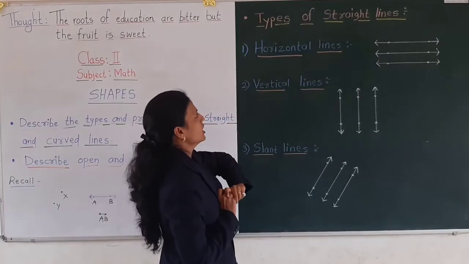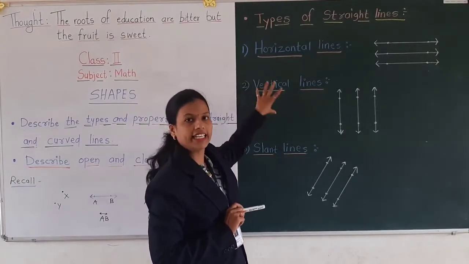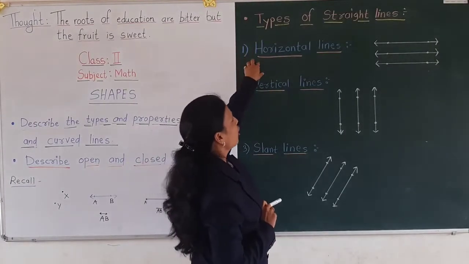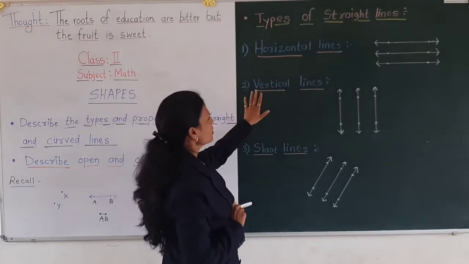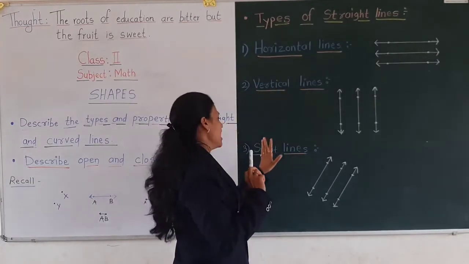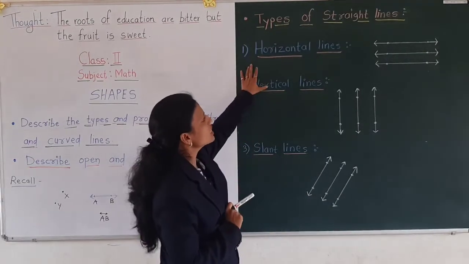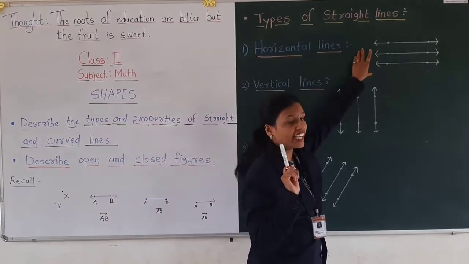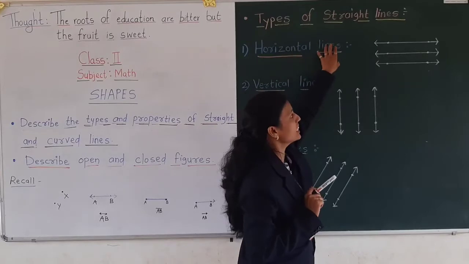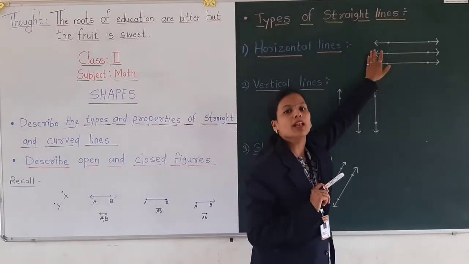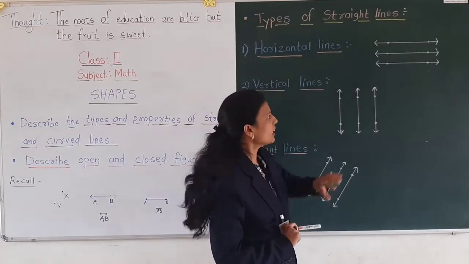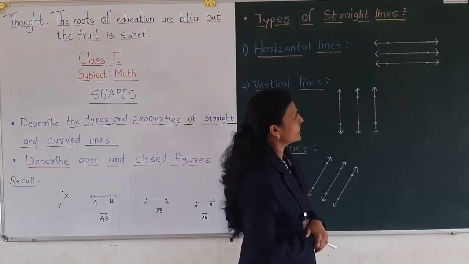Now just see. Listen carefully students. Now we will see in detail what horizontal lines are, what vertical lines are and what slant lines are. Right. Now just look at the board carefully. Horizontal lines, I have drawn some lines over here. What type of lines are they?